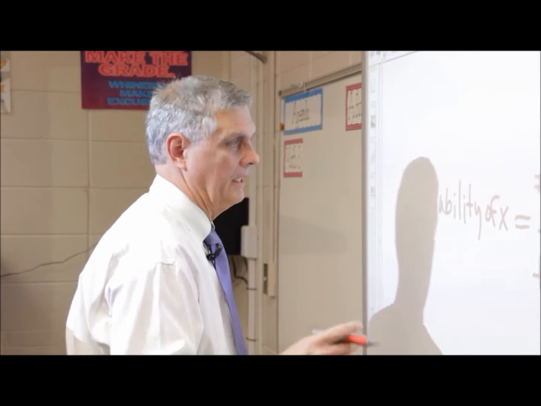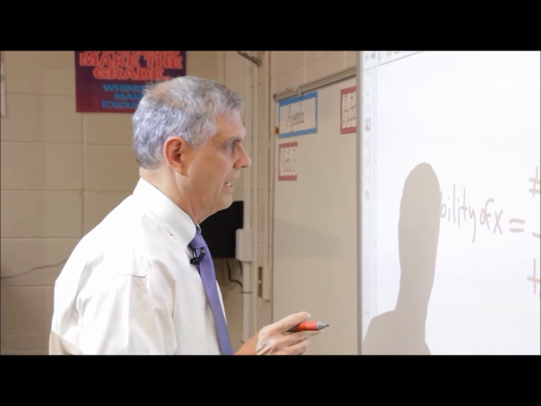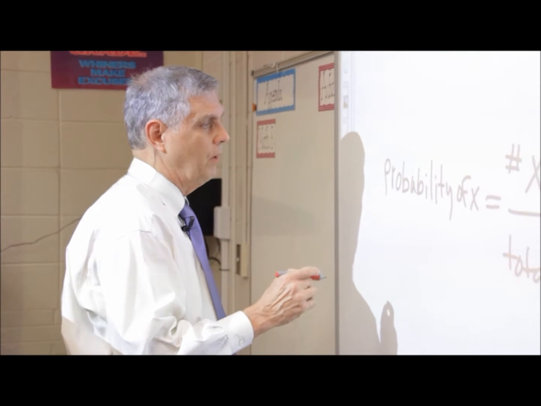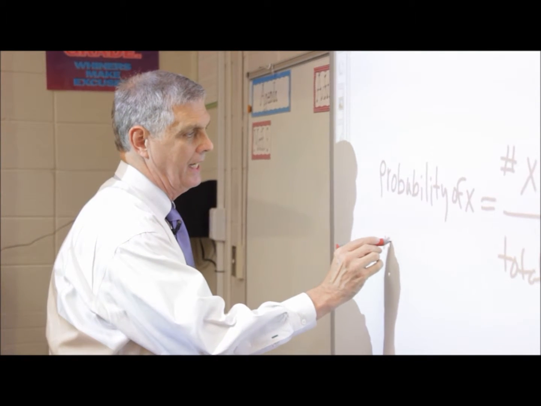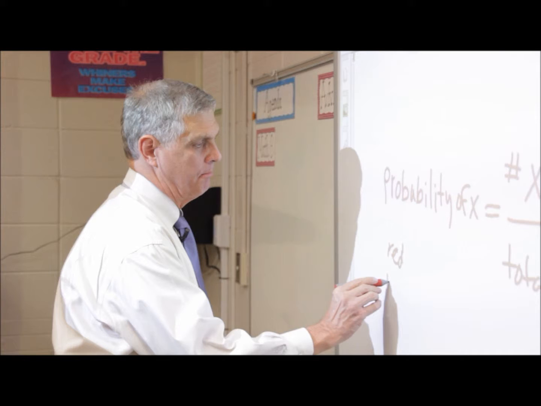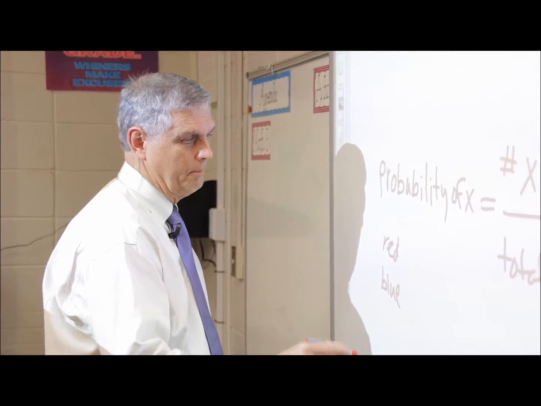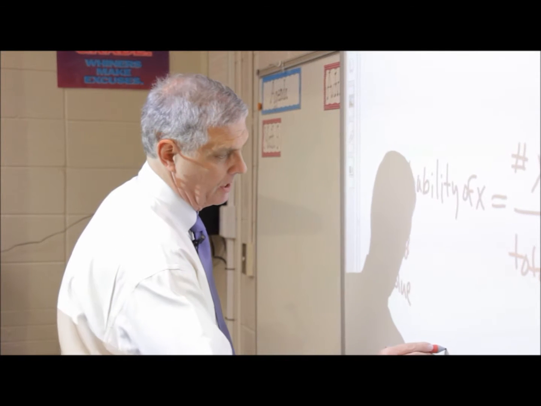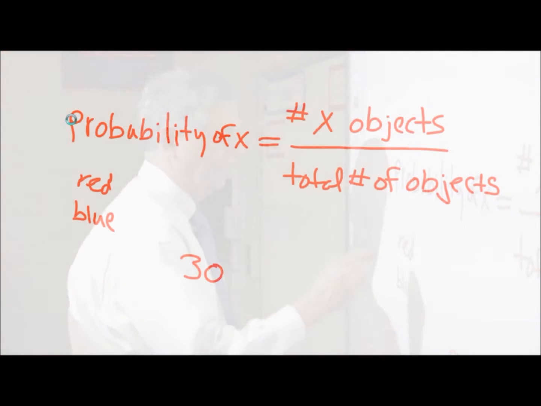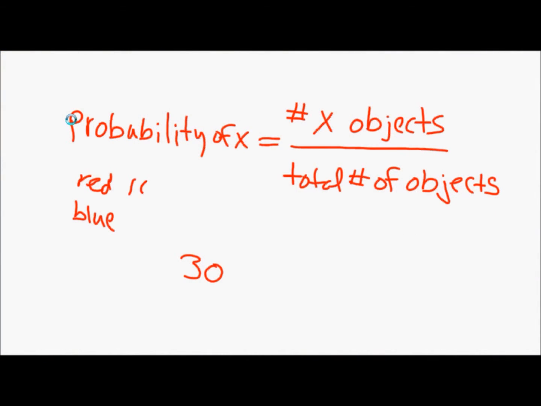Okay, and let me just give you some quick examples here. Let's say we had red and we had blue marbles. And we had in a bag 30 marbles. And let's say that 10 of them were red and the other 20 were blue.